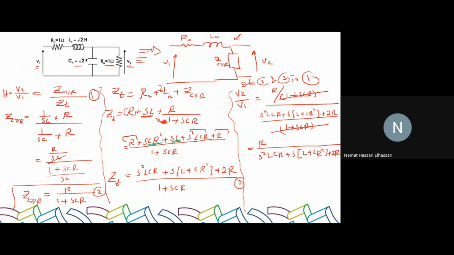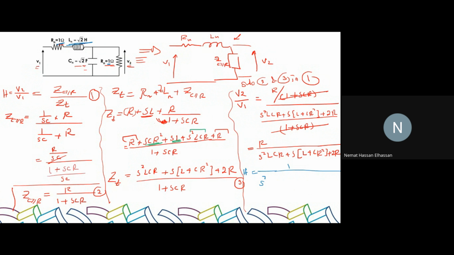So I have values of R, of L, of C. Can I substitute them? Let's substitute the actual component values. So the transfer function becomes R is what? Can we see the value of R? 1 divided by S squared times L is what? Here, square root 2.